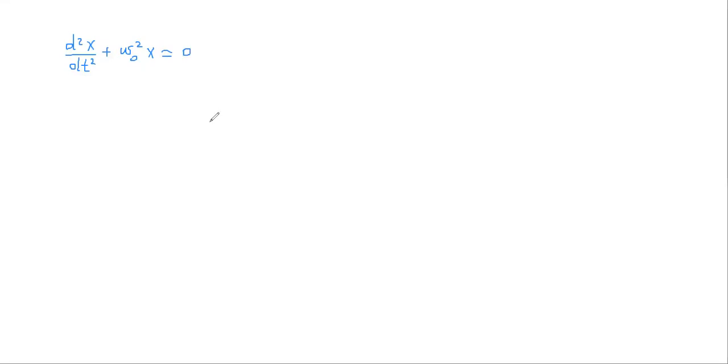And today we are going to try to solve this equation to find the solution. Maybe you remember from calculus that the solution of this equation can be found as the exponent of lambda t.